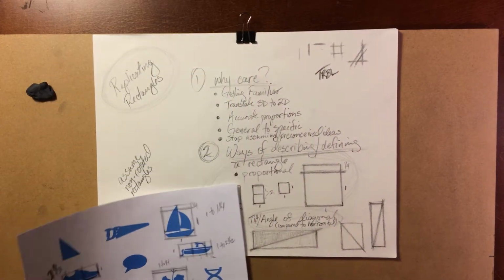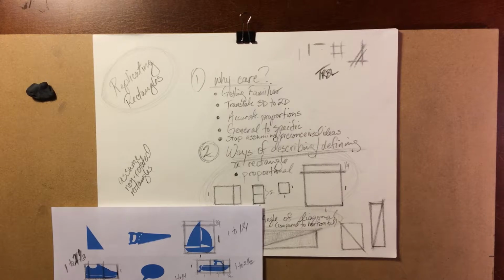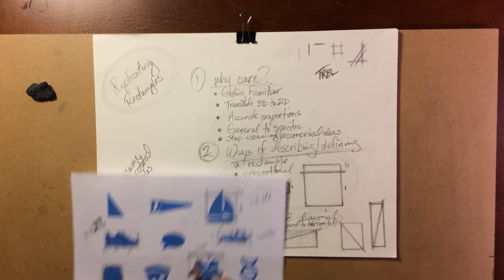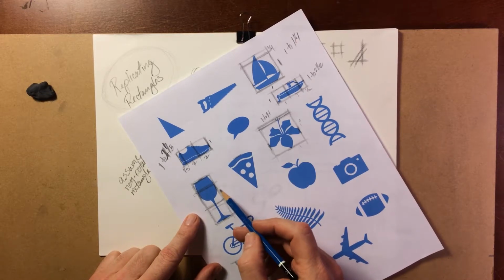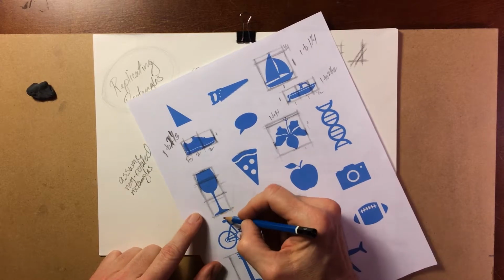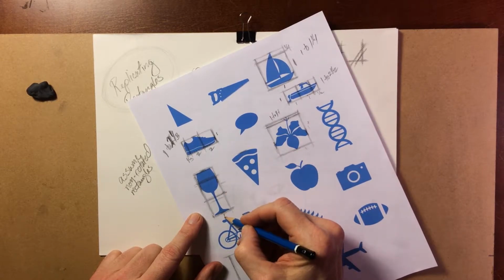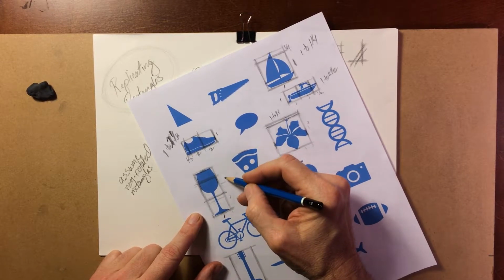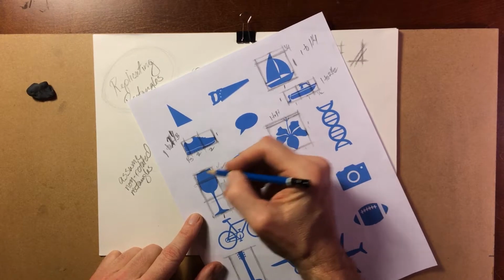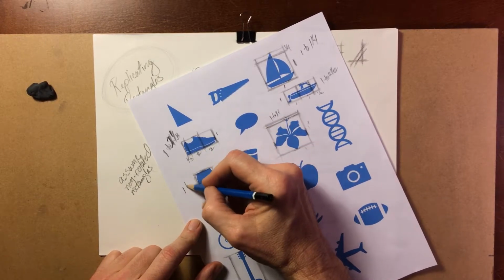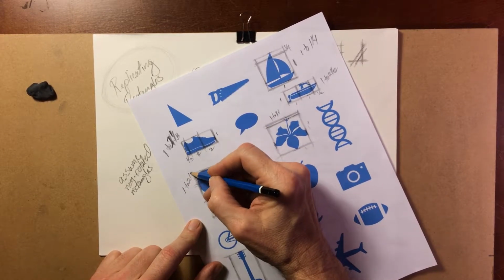So let me see. I think I shall, let's do a wine glass. So let's see. Say this bounding box is 1, and that's 1, and another 1.5. So I'm going to say this is 1 to 2.5.